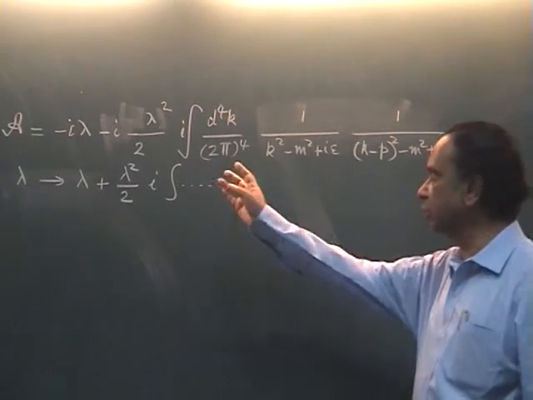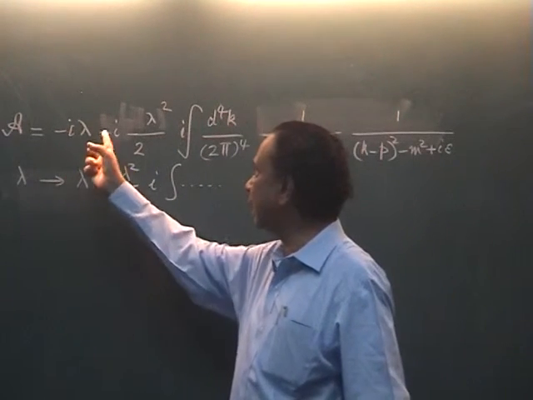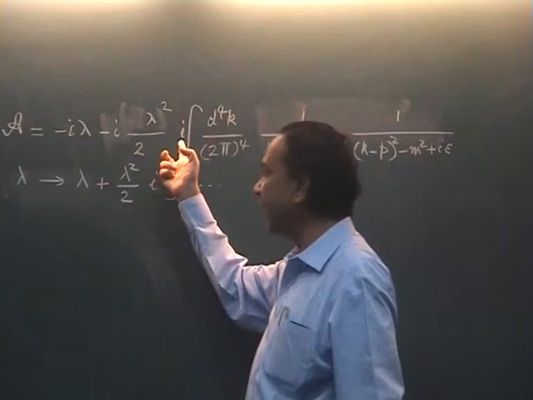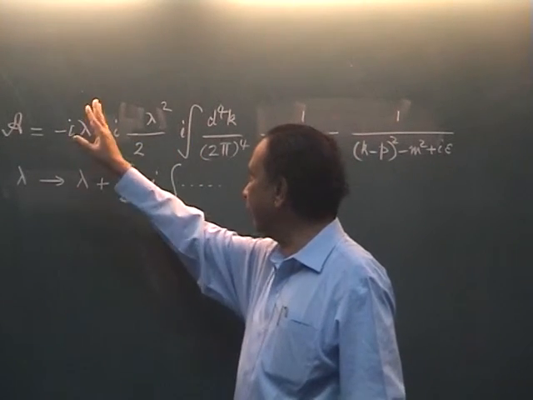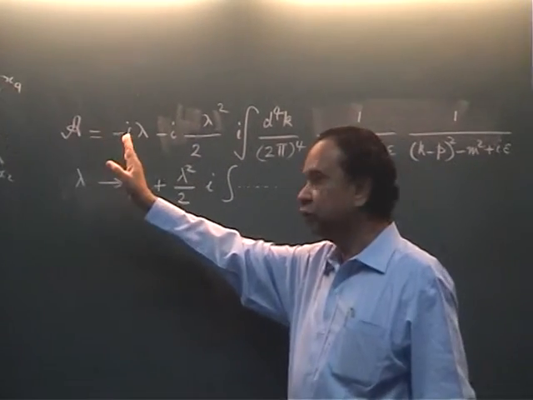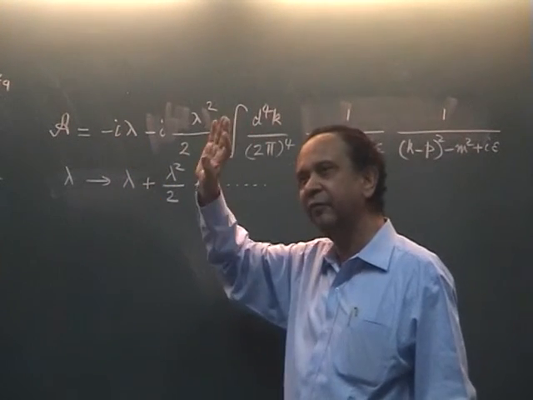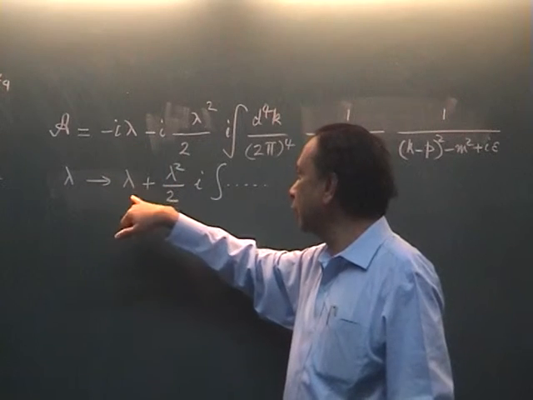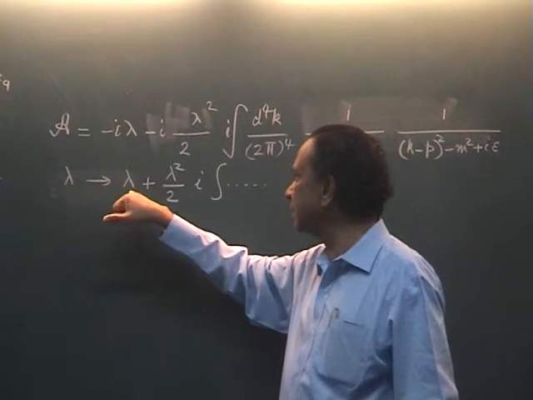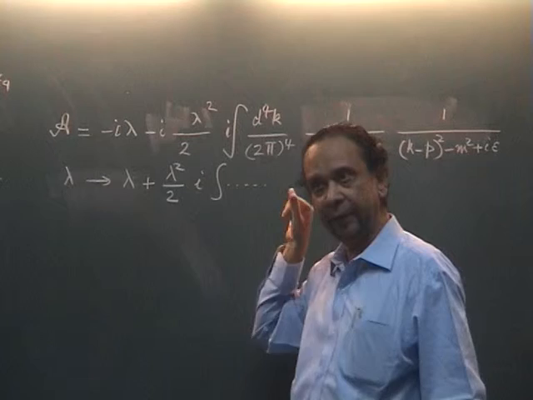Correct? Just look at it once again. This is minus I lambda, then I put another minus I and then kept an I here, so that I can throw away all these minus I lambdas. So originally if I had an expression for lambda, finally we want to know how it gets renormalized. So you are essentially going to replace this lambda by lambda plus this quantity.